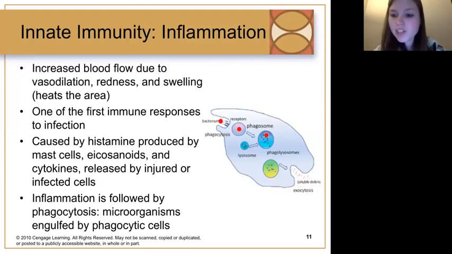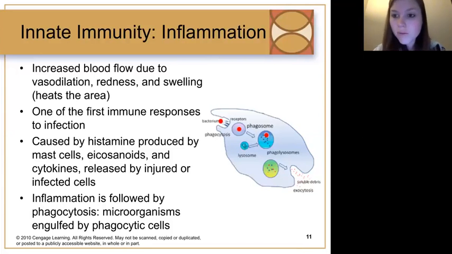There will be dilation of the blood vessels to get more blood to that area, and swelling. If you've ever had swelling and you felt it, it's been really, really hot. That's because your body is trying to heat that area, because a lot of pathogens can't tolerate that temperature rise.